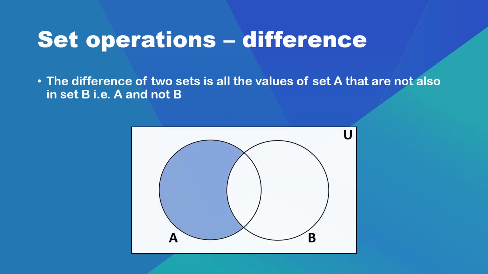The difference of two sets is all the values of set A that are not also in set B. So, if we have the values of 1, 3 and 5 in set A, and the values of 4, 5 and 6 in set B, then the difference between set A and set B is 1 and 3.